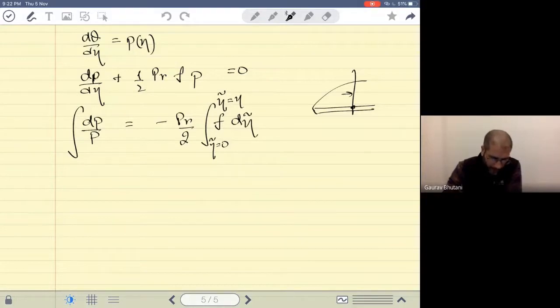Similarly, our p, which is d theta by d eta, goes from p at 0, which is eta tilde equal to 0, to p at some eta. So this becomes the natural log of p minus the natural log of p naught, that is, log of p upon p0.